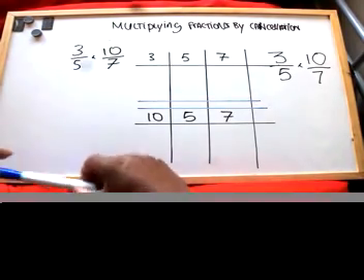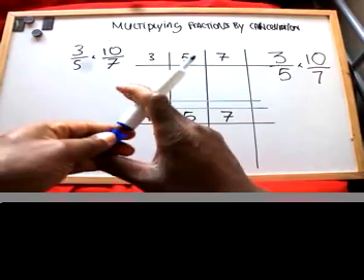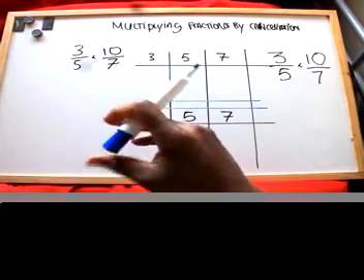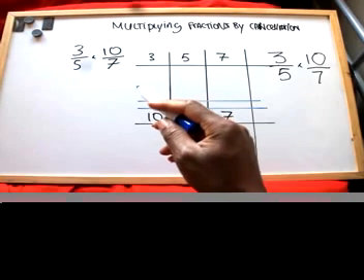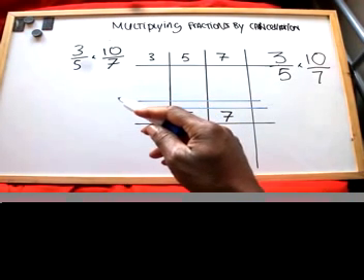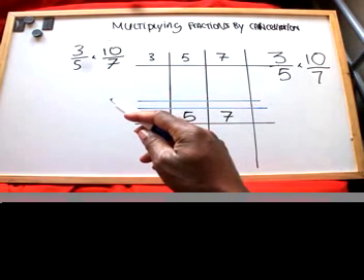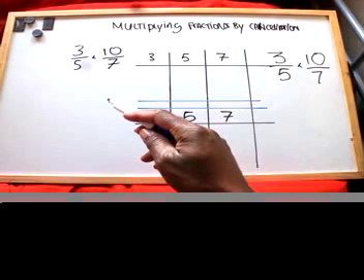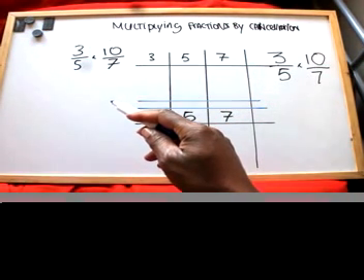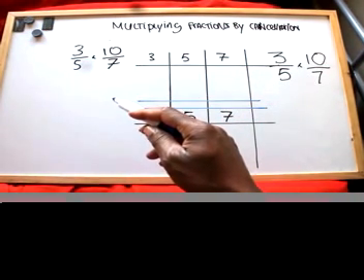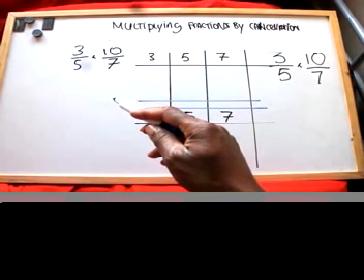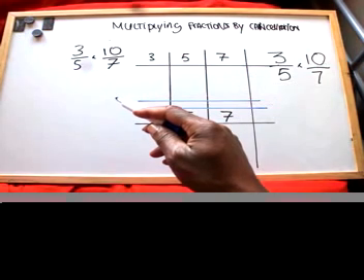So, what is cancellation? What is multiplying fractions by cancellation? Well, simply put, when you're using cancellation, what you need to do is look at the denominators and the numerators and see if you can see any common factors between the numerators and the denominators.